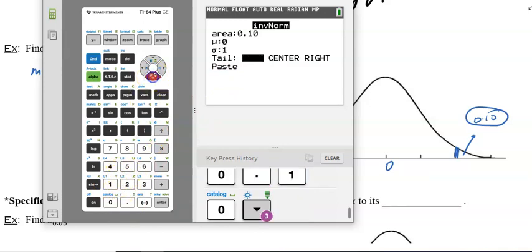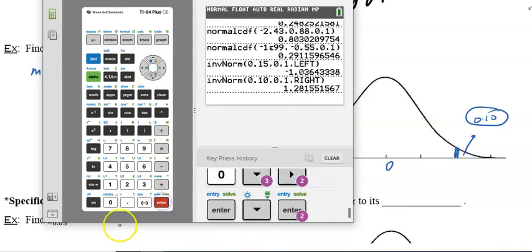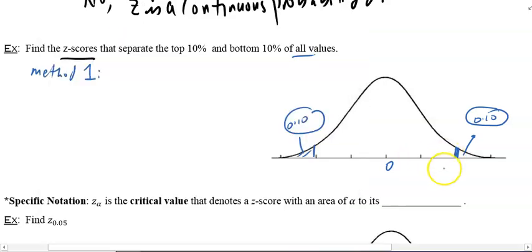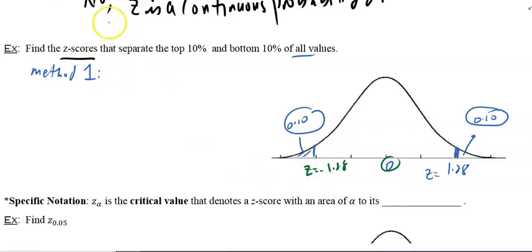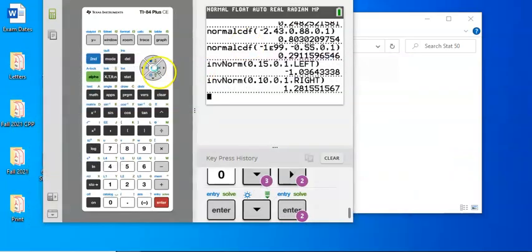It is a standard normal, and I want the area to the right. 1.28. This says it's 1.28. So you could say that's a z equal 1.28, and automatically you would say z equal negative 1.28 because they're symmetric. In this case, you just used one of those, and that's good enough. You're done.